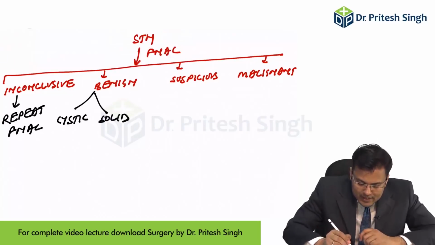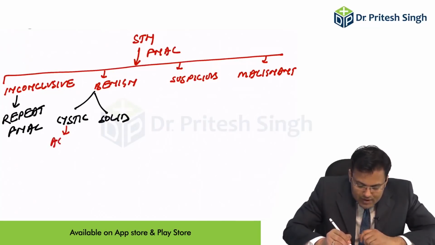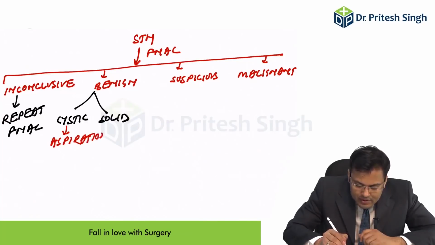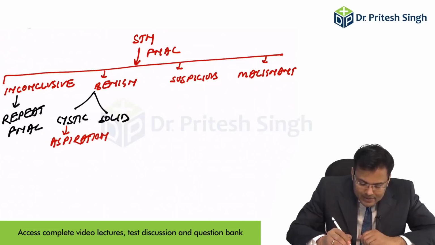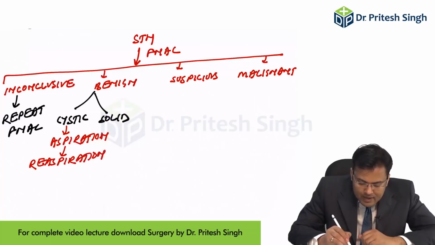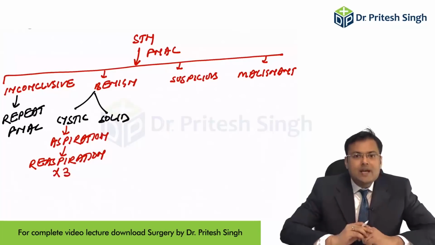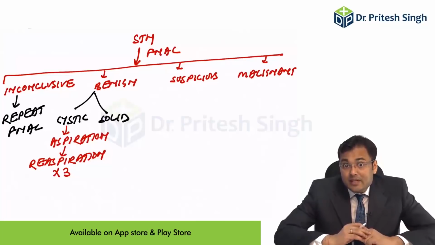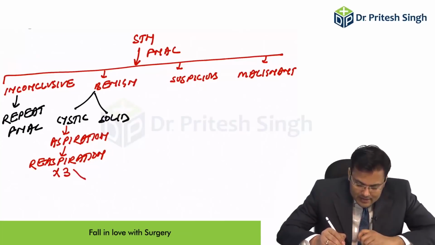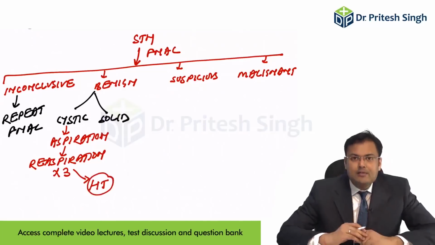If there is cystic swelling, we will go for aspiration. And suppose there is recurrence after aspiration, usually re-aspiration is performed. Maximum for how many times is re-aspiration performed? 3 times. After that, if there is recurrence, we perform hemithyroidectomy.